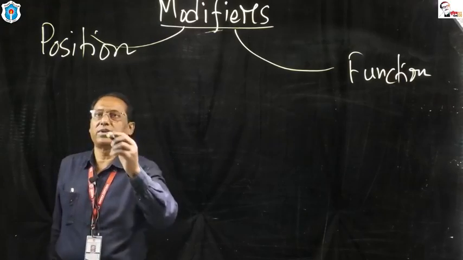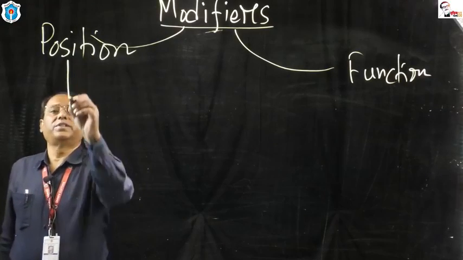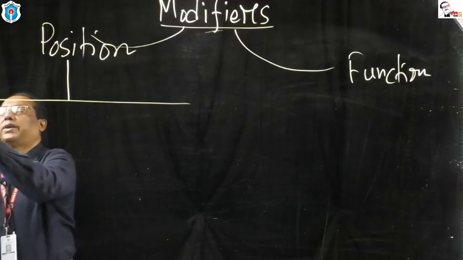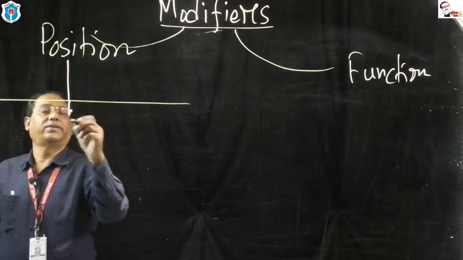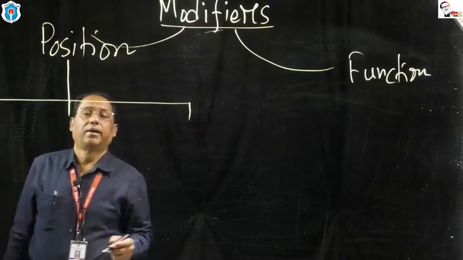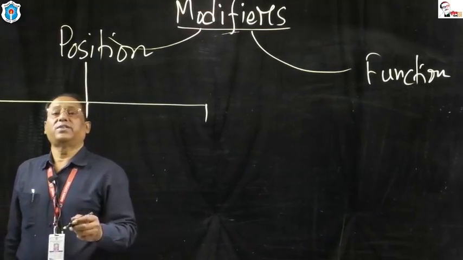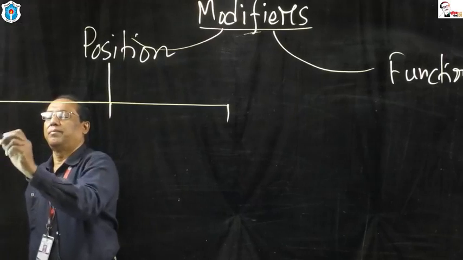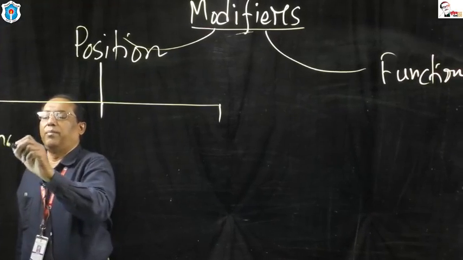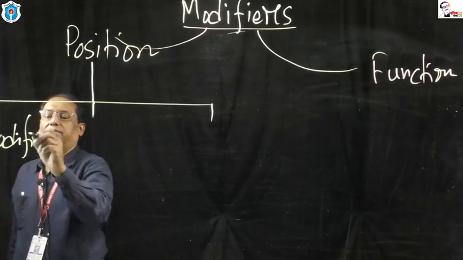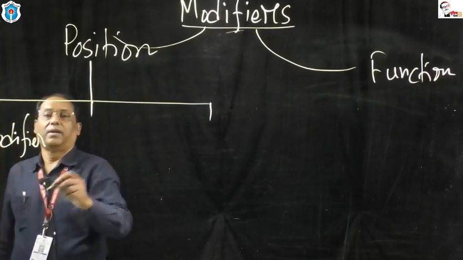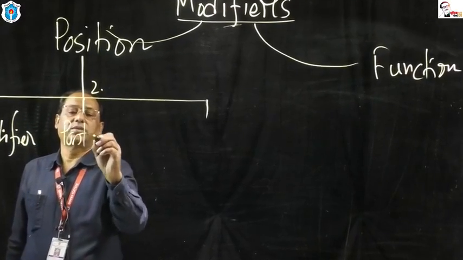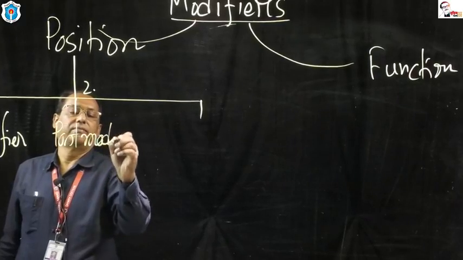Now come to your first, position. According to position, we can divide modifiers into three categories. Number one, pre-modifier. Number two, post-modifier.